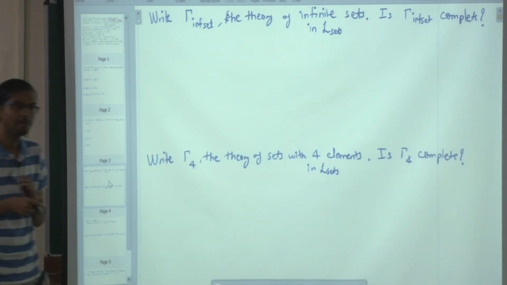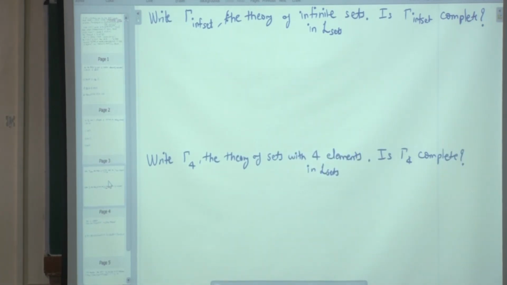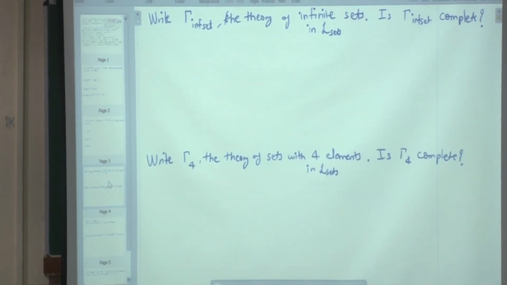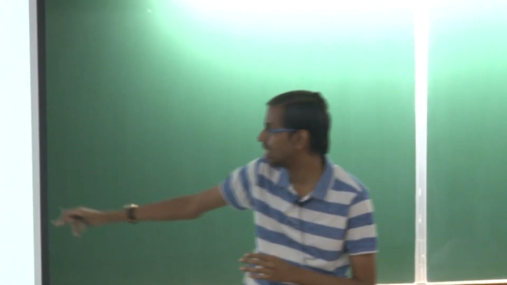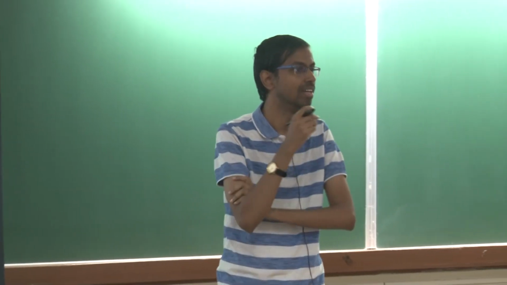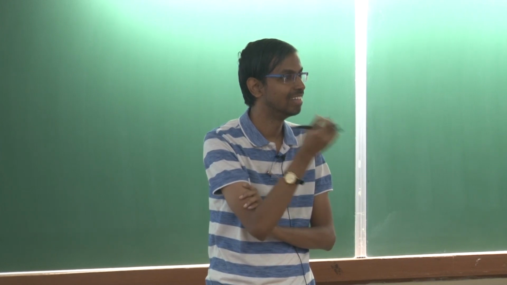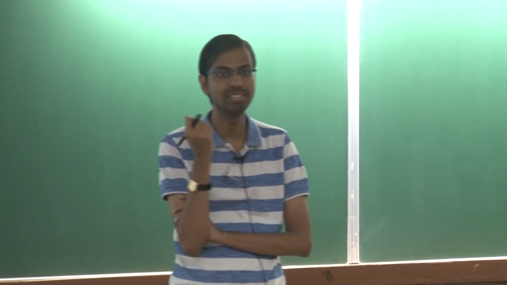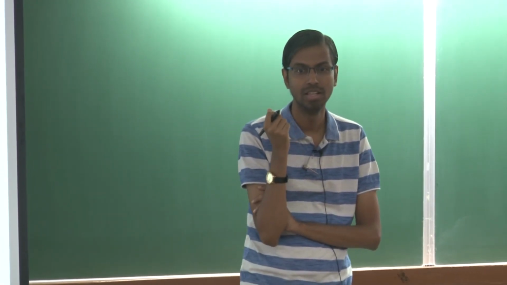I mean, this is more like a philosophy question. Yeah. When do you say that a structure has only 4 elements? That's our second question. Maybe that's easier to answer. Yes? It has only 4 elements? There exist 4 elements and there do not exist 5 elements.